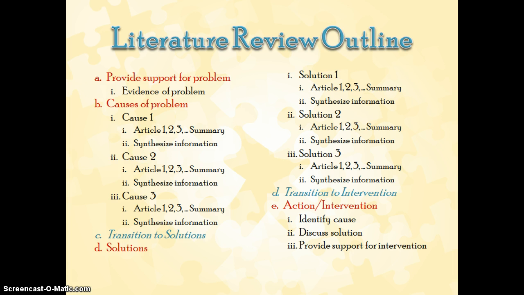While your solution may not be exactly what other articles suggest, you do want to show that there is some kind of support that your intervention will actually be successful. So you want to piece together things in those articles to show that you have evidence that this will work. So think about this outline, this context, as you're working on these summaries, because you're going to fit these into this outline ultimately.